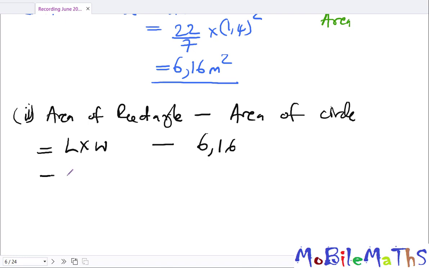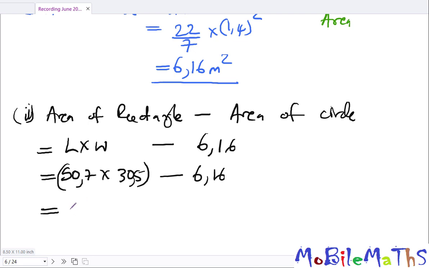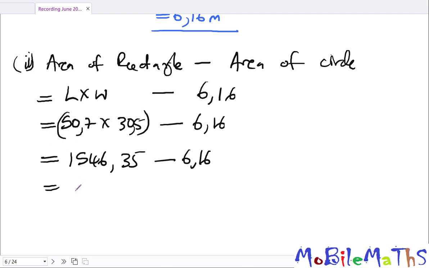So calculating the area of our rectangle, we have 50.7 times 30.5. We multiply and subtract 6.16 from the answer. I'm getting 1546.35 to 2 decimal places, minus 6.16. It means the area where we are growing the vegetables is 1540.19 meters squared. So this is the area now.